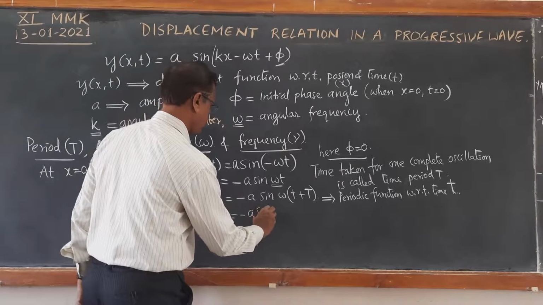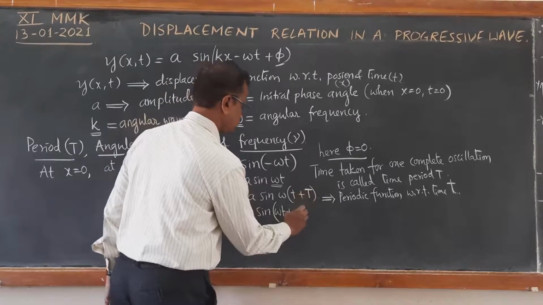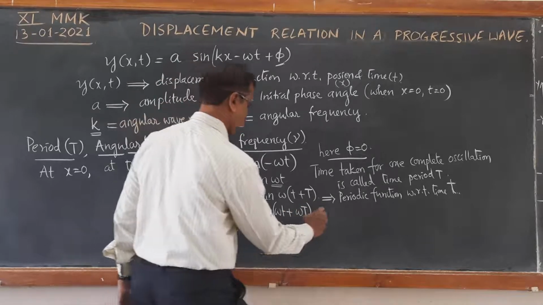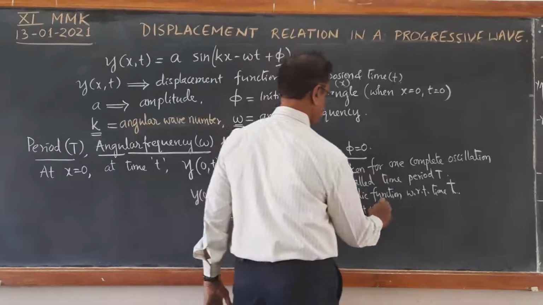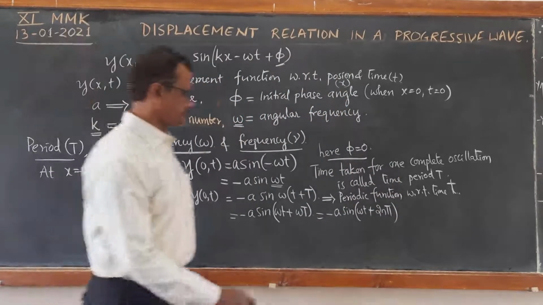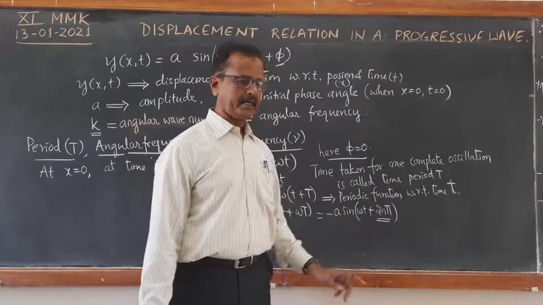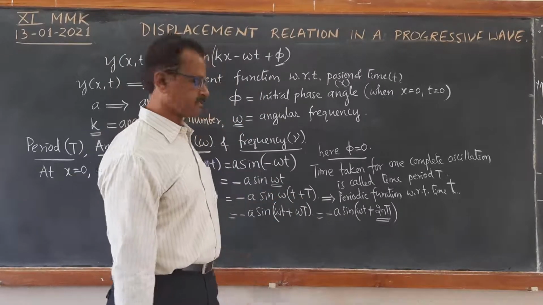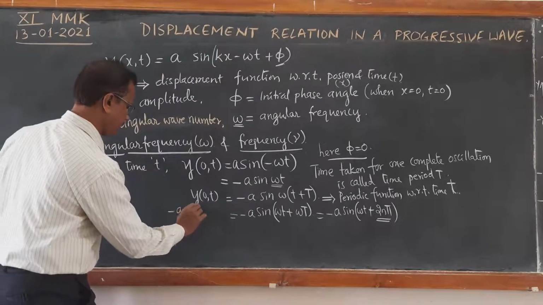Minus a sine omega t plus capital T, if I write it first, can be written as minus a sine omega t plus 2n pi. So that after every integral multiple of 2 pi, it will have the same value, given by this minus a sine omega t.